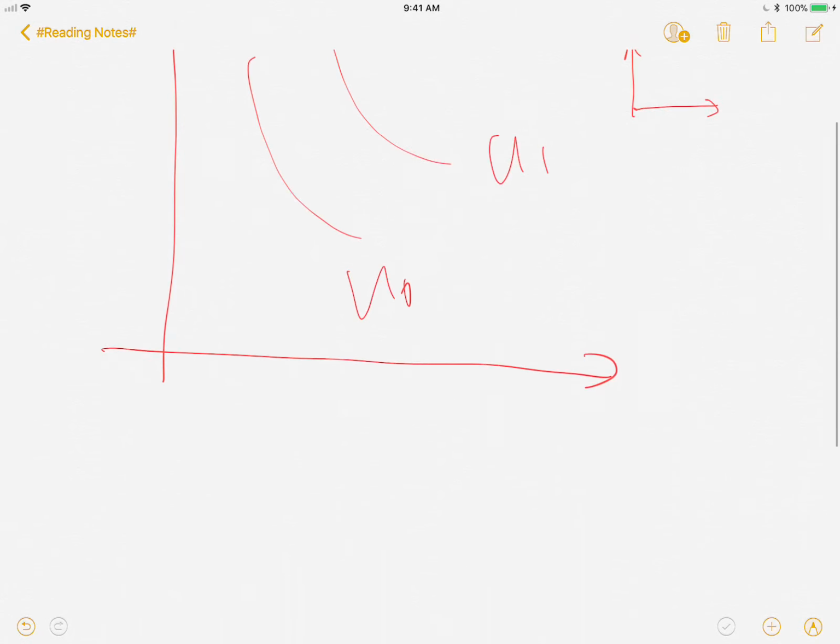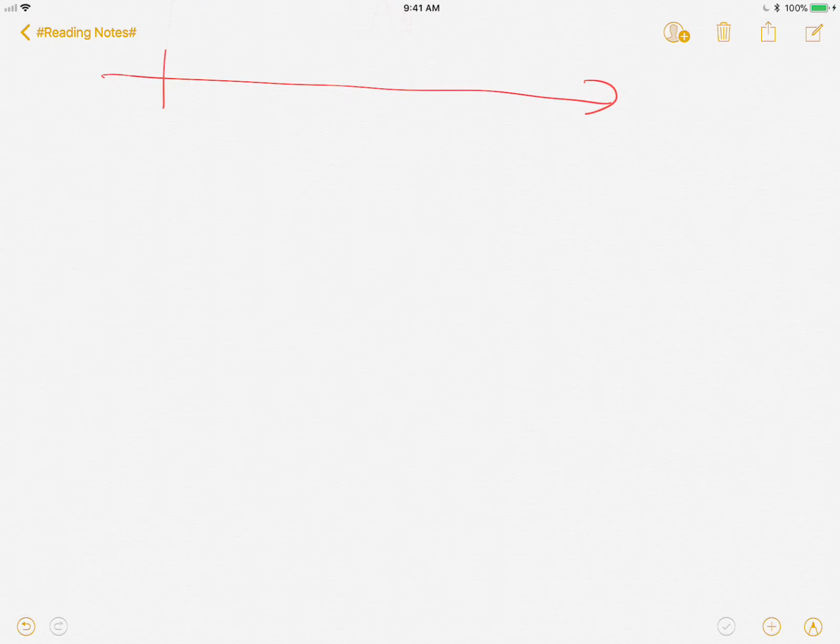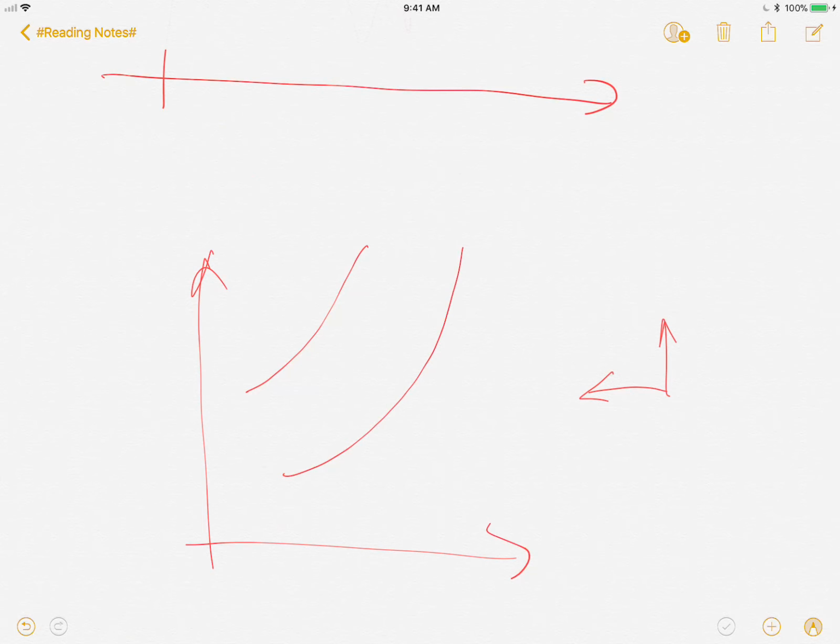And if you have a preference direction like this, which means you prefer more Y and you prefer less X, then the indifference curves will be like U1, U0, and U1 is greater than U0, because this direction indicates the higher utility levels.